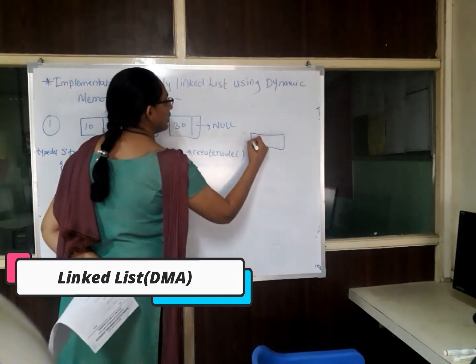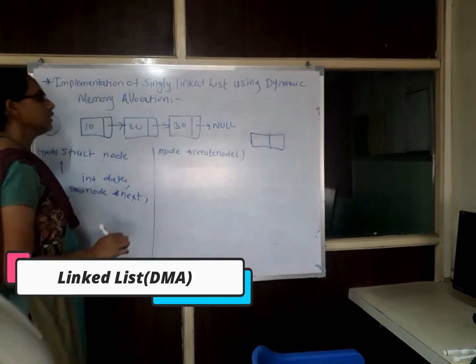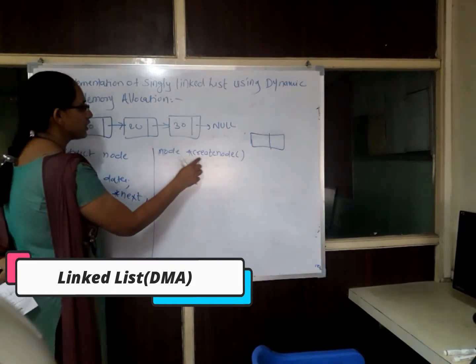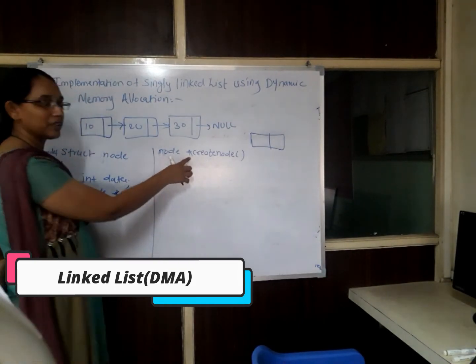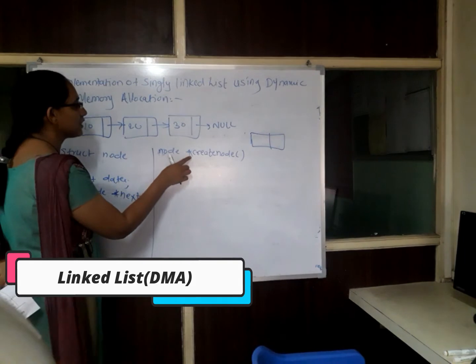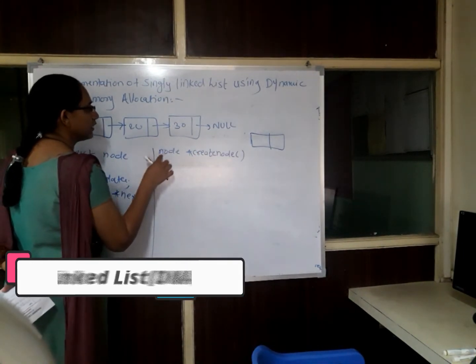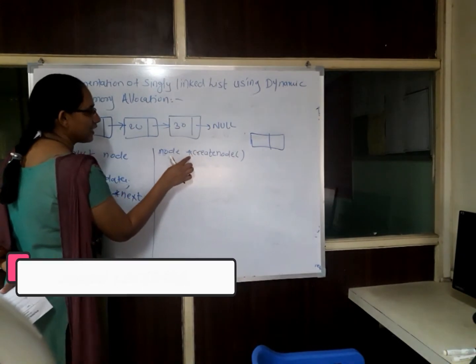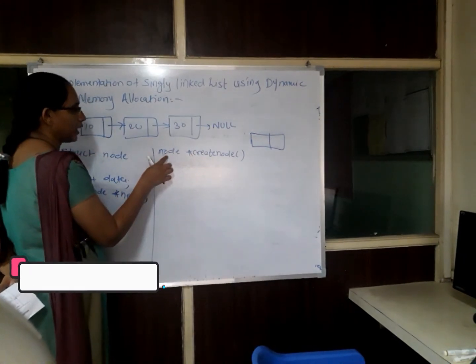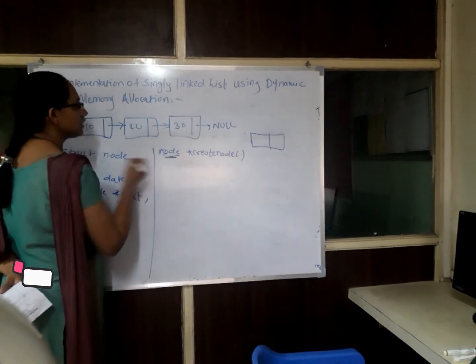It creates a node, and this function returns a pointer. Pointer means it returns an address. The address of what? The created node. So it returns the address of the node type that is created. So its return type is node pointer.